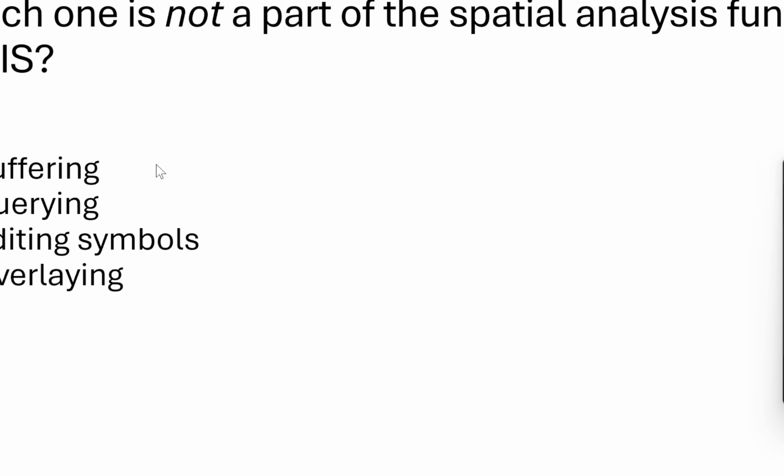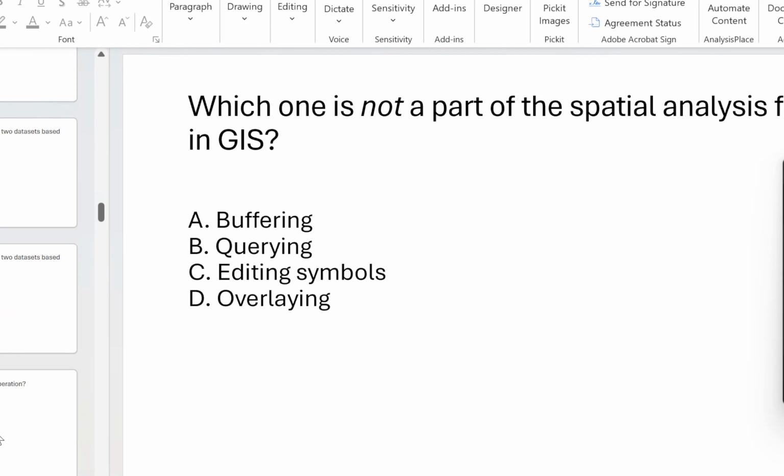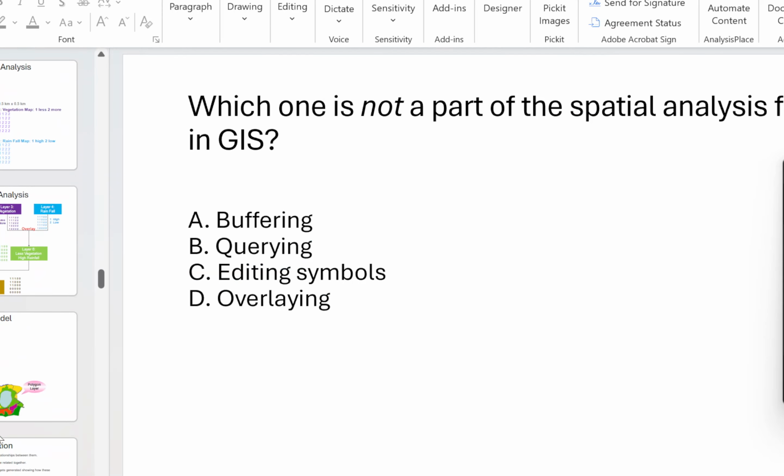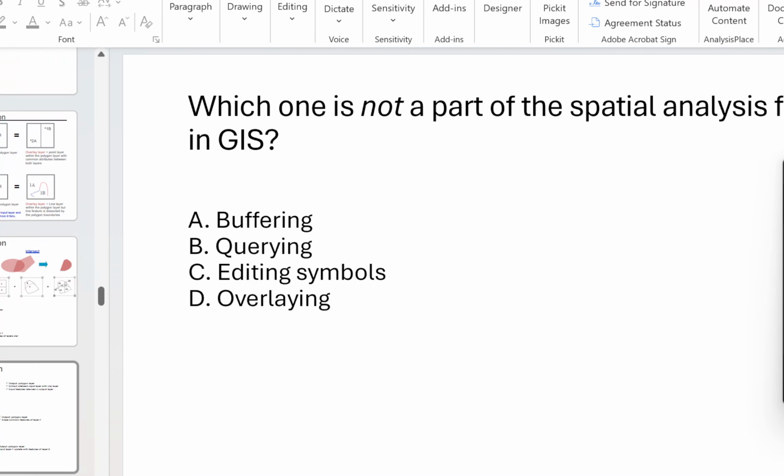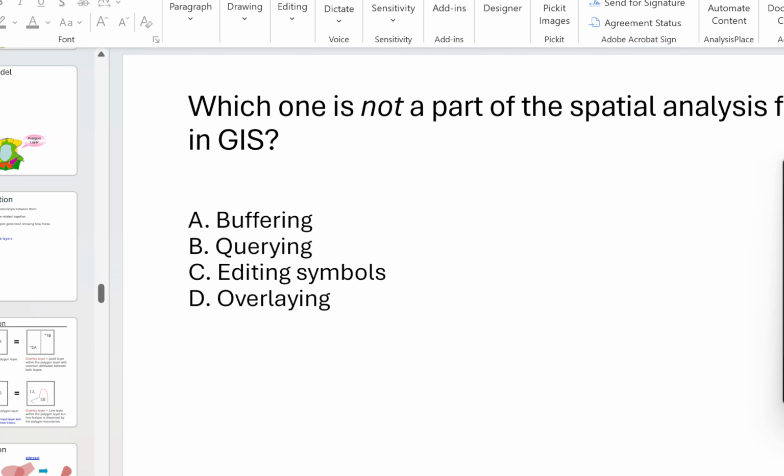And buffering is where you need to have a shapefile, either point or any vector data set. We will cover that later on, maybe in today's class only.